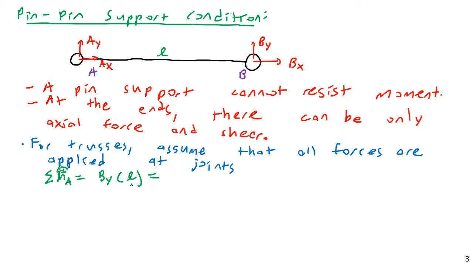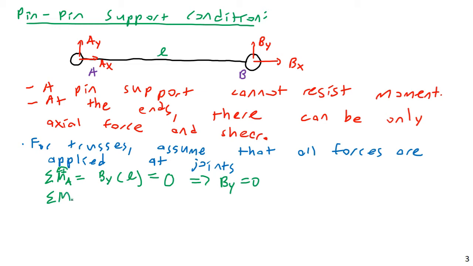For this to be in equilibrium, what does the sum of moments about A have to equal? Zero. Exactly, that's just basic statics. So BY times L has to equal 0, and since L is definitely not equal to 0, BY must be equal to 0.